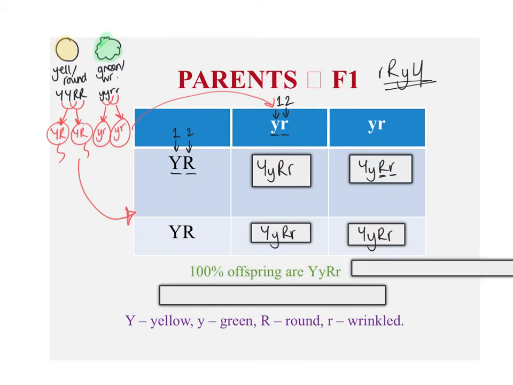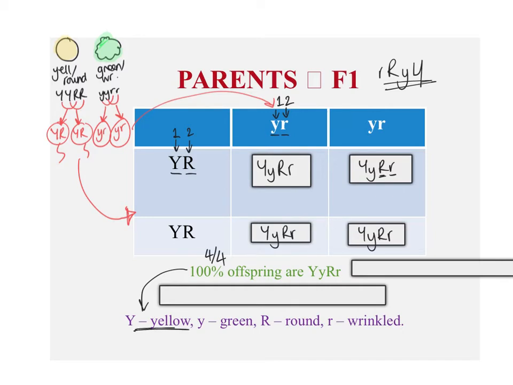So when we're talking about the genotypes, 100% or 4 out of 4 offspring are big Y, little y, big R, little r. And if we go back to our key down the bottom, maybe the information that we got from the stem of the question if we're in an exam situation, you will have been able to figure out that because there's a big Y and a little y, that means that the dominant trait is being seen.